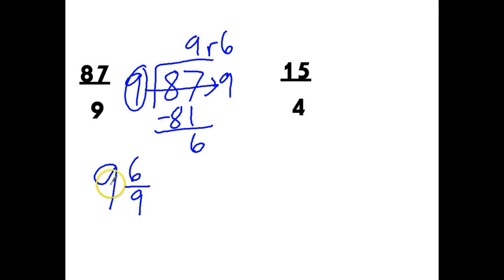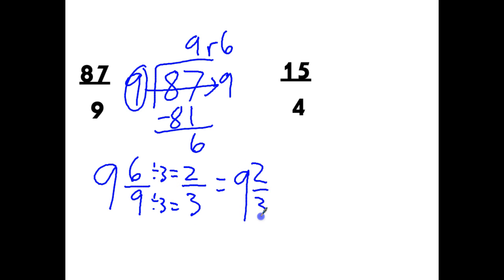The big 9 is still going to say a big 9, but 6 and 9, I can divide them both by 3. So 6 divided by 3 is 2, and 9 divided by 3 is 3. So my new answer is, remember, big 9, 2/3.